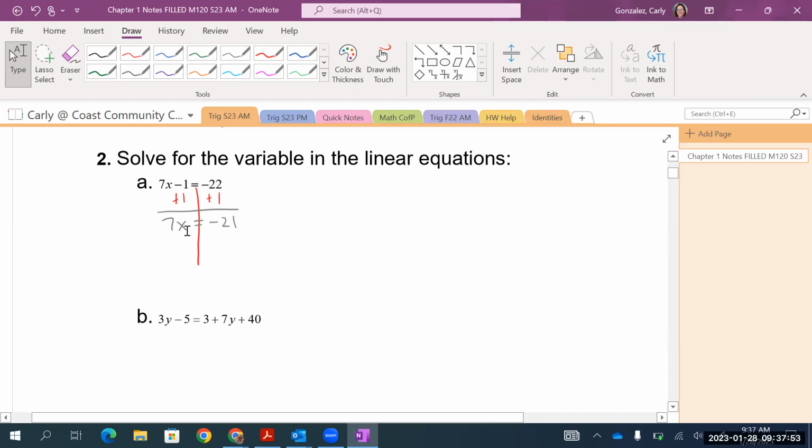Well, that's multiplication. So the opposite operation will be dividing. So now to get the x by itself, we could divide both sides by 7 to get our final answer of x equals negative 3. Remember, a negative divided by a positive is always a negative.